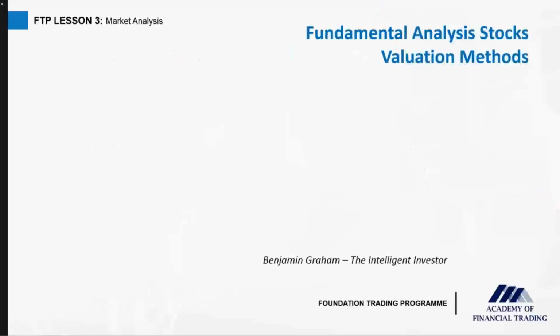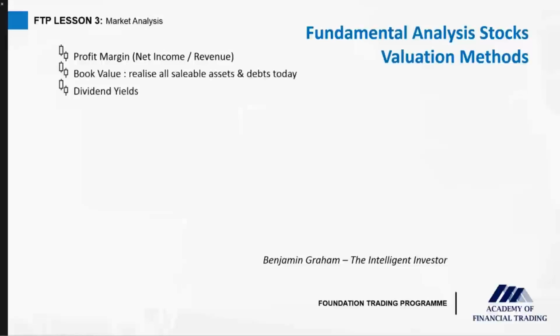Right, so this is not all, however. I do want to show you all of the other methods of valuing a company. We've only looked at the tip of the iceberg. So let me just call out a few other methods of valuing stocks. One method is profit margin, which is net income divided by revenue. We've also got book value, dividend yields, and PB ratios, which are essentially your share price divided by your book value.